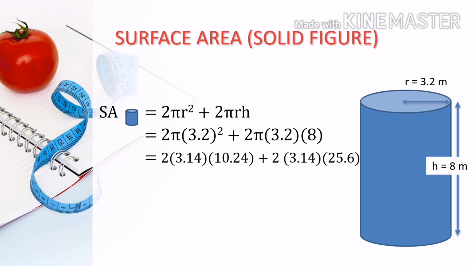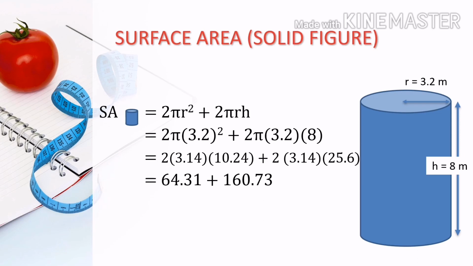Let us substitute again. The numerical value of pi is 3.14. So, we have this whole equation. Then, performing multiplication, that gives us 64.31 plus 160.73. Let us repeat. Where did you get 64.31? When you multiply 2 times 3.14 times 10.24, that gives us 64.31.